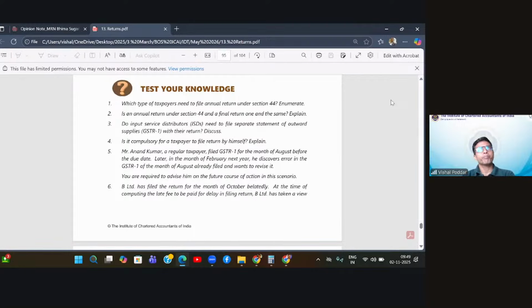So let us say in May 2027, I file these pending returns of August 25 to 31st March 26. Let us not talk about April 26 onwards because that changes the financial year. So August 25 to March 26, I file in the month of May 27.